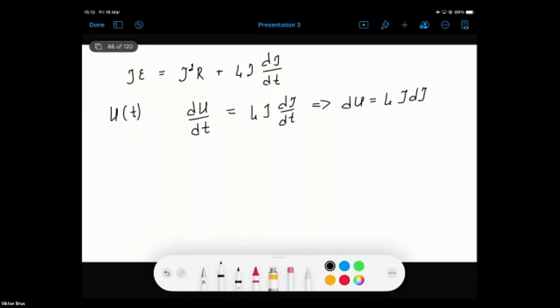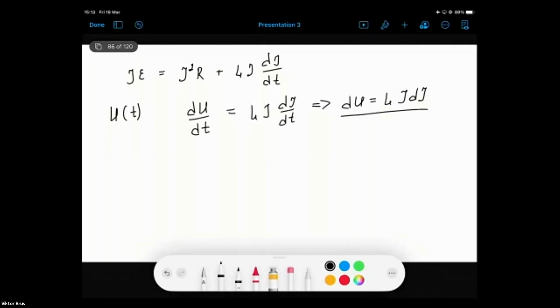And when we want to get the total amount of energy accumulated in the inductor at some current I, we need to integrate this expression.